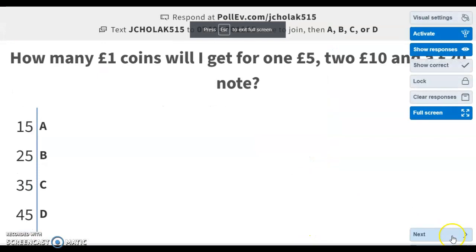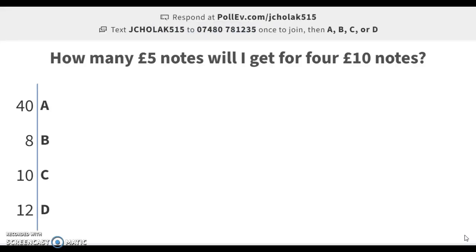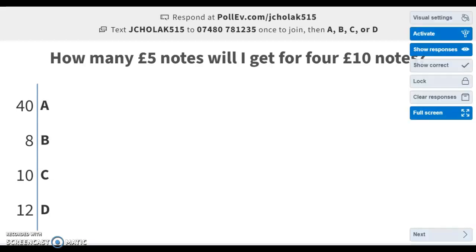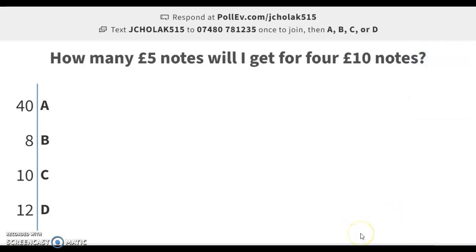Now, let's look at our next question. So now, we don't want to know how many £1, we want to know how many £5 notes will I get for 4 £10 notes. So how many £5 notes will I get for 4 £10 notes?